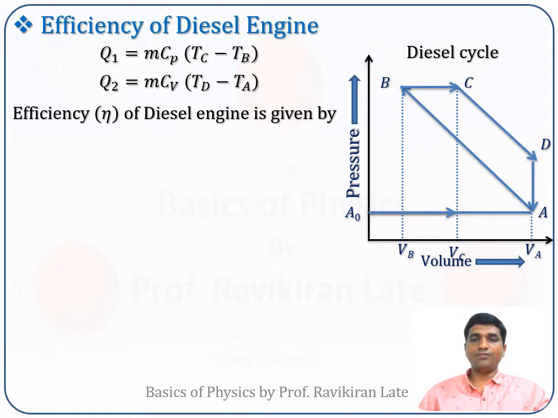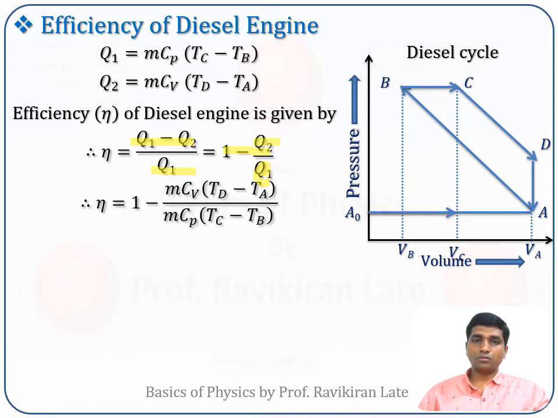Now we know that the efficiency of a diesel engine is nothing but Q1 minus Q2 upon Q1. Further simplified, it becomes 1 minus Q2 by Q1. If you substitute the values of Q2 and Q1 in this expression, the value of Q2 is m Cv Td minus Ta, and the value of Q1 is m Cp Tc minus Tb. The m and m will get cancelled.